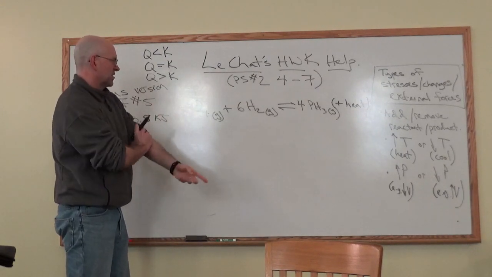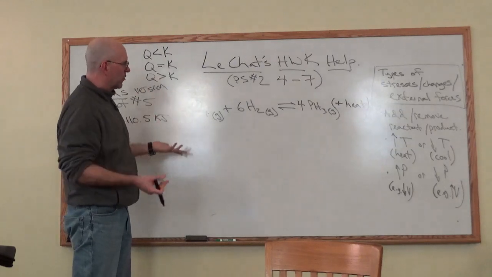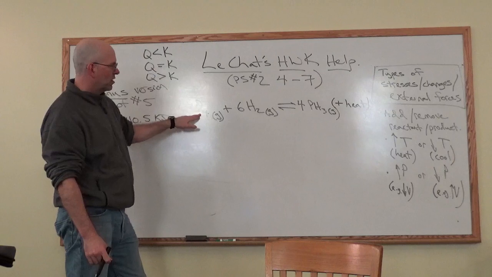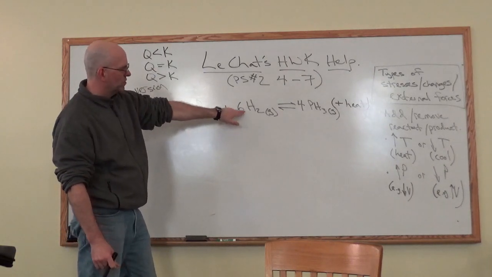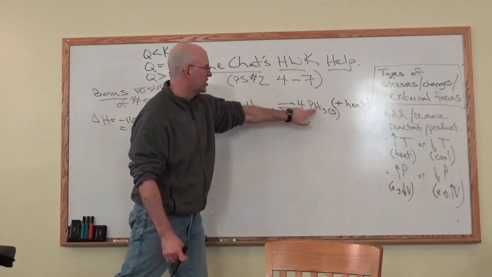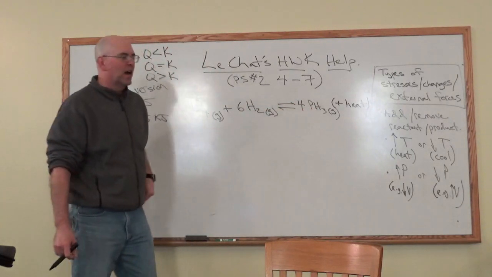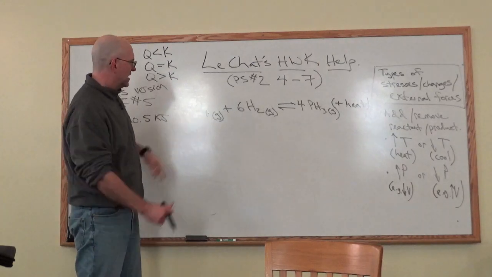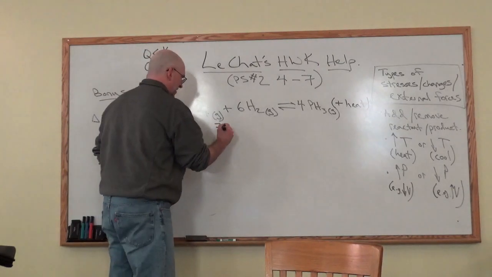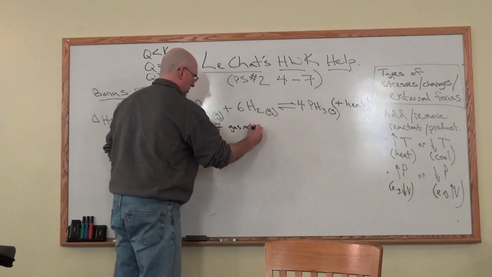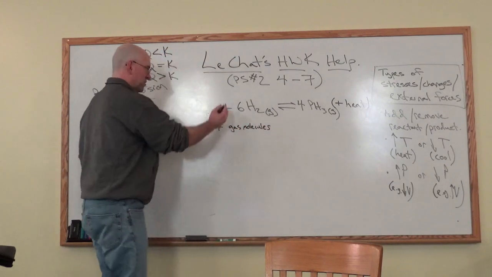Okay. So let's think about this a little bit. Just think what's actually going on here. You have a molecule of P4 reacting with 6 molecules of diatomic hydrogen to produce 4 molecules of phosphorus trihydride. If you want to think about it, it's 7 gas molecules, so 1 plus 6.